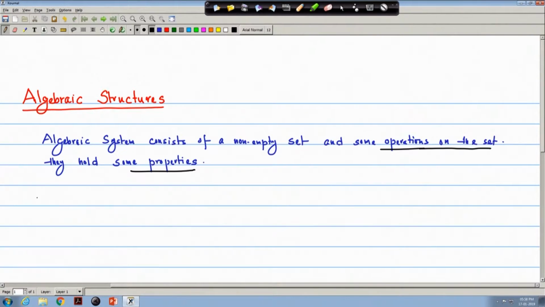Okay. So, these operations can normally be some functions, some transformation, or sometimes we call it a mapping.